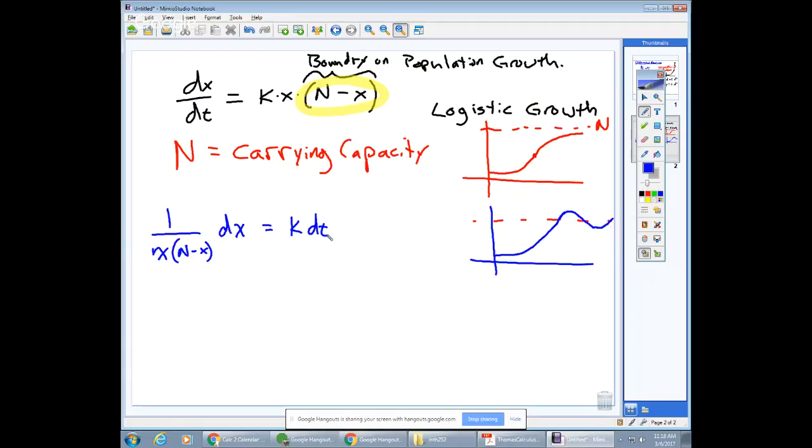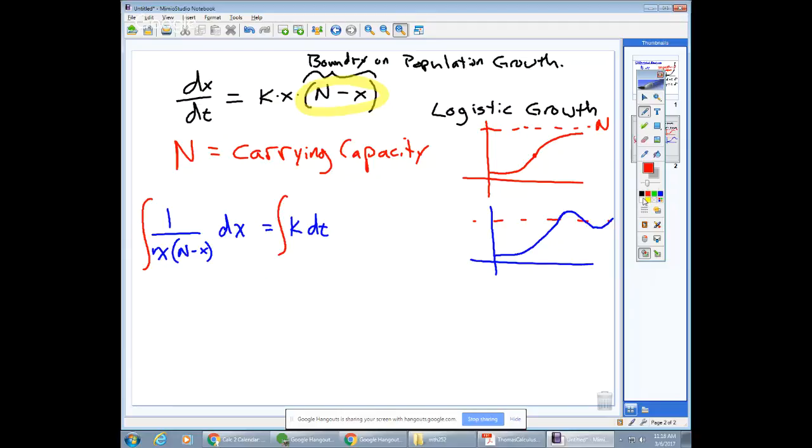So this is what we call a separable differential equation, because I could get all of one variable on one side and all of the other variable on the other side. From here, I can then think about integration on both sides. Then it becomes, can I find an antiderivative for this right here? Okay, so let's see.